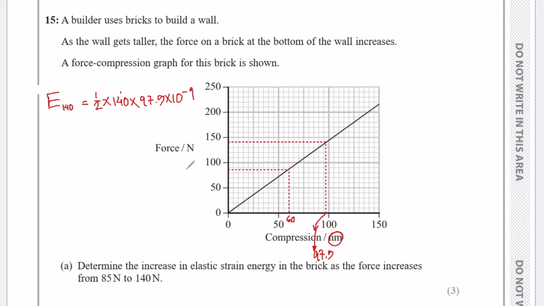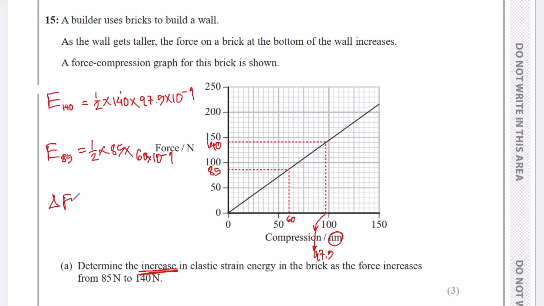It's in nanometer. And then you have the energy that corresponds to 85 Newton, which is half F, as in 85, times x, which would be 60 times 10 to the power minus 9.